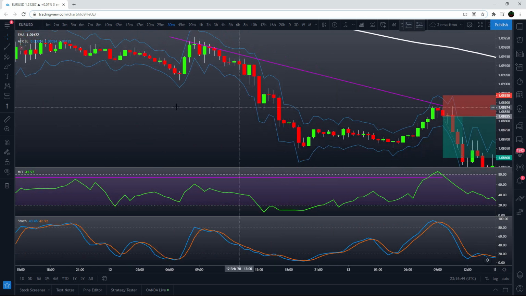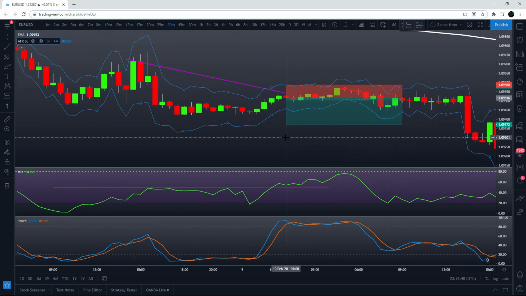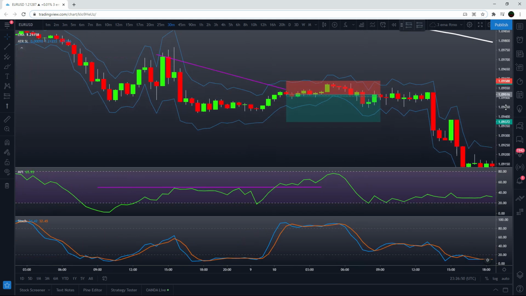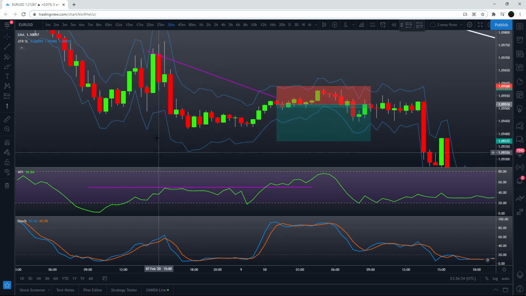So let's go to the next example to the left here. So here's another example, and you can see that we have the hidden divergence in place. There's a lower high on the price action, but at that same time, there's a higher high on the money flow index.